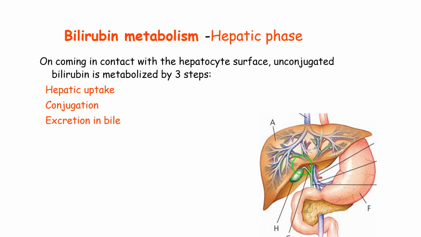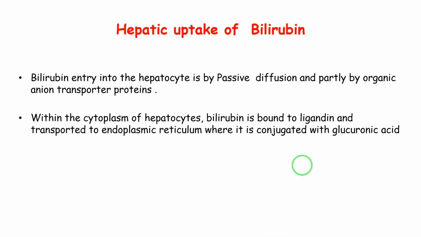The unconjugated bilirubin, after binding to the albumin, will be uptaken by the liver cell. It will be released from albumin and picked up by another carrier protein in the liver called ligandin.